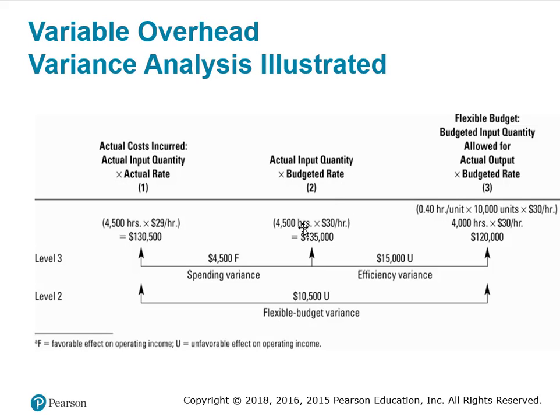We're using the same actual input quantity of hours, 4,500 hours. Over here, for the efficiency variance, we have a difference in the number of hours. These are the standard hours allowed at $30 an hour. These are the actual hours at $30 an hour. So the only difference we have here is efficiency.